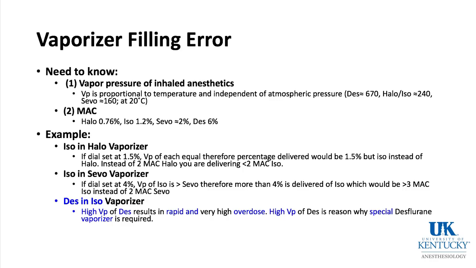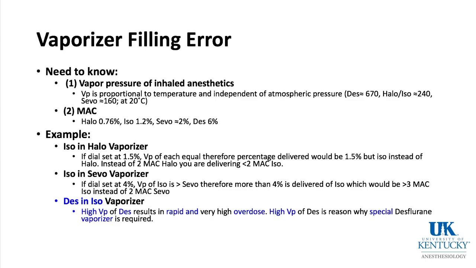Isoflurane and halothane have the same vapor pressure, so if you set the dial of the halothane vaporizer at 1.5%, thinking that you're giving 2 MAC of halothane, the vapor pressure being equal, you'd still deliver 1.5%, but it would be 1.5% isoflurane, or just over 1 MAC of isoflurane. So you'd be delivering less than 2 MAC isoflurane.